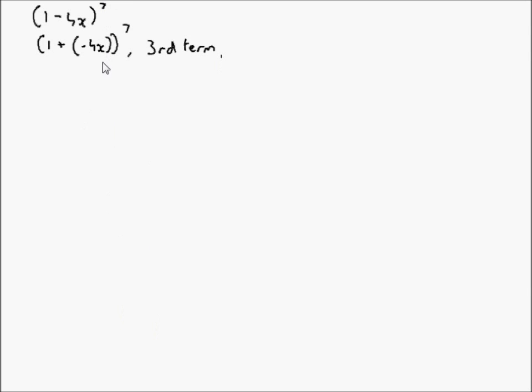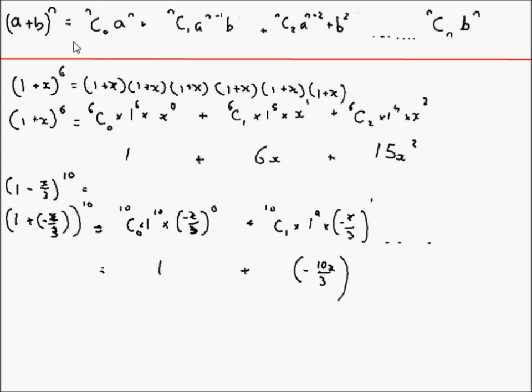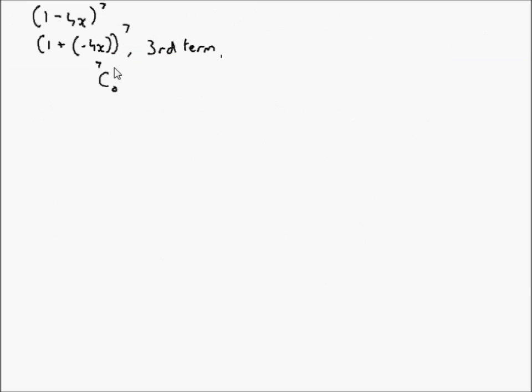Now, you know that 7c0 will be the first term. If you go back to here, nc0, nc1, nc2, and so on, 7c0 will be the first term, 7c1 will be the second term, and 7c2 will be the third term. So you know it starts with 7c2.